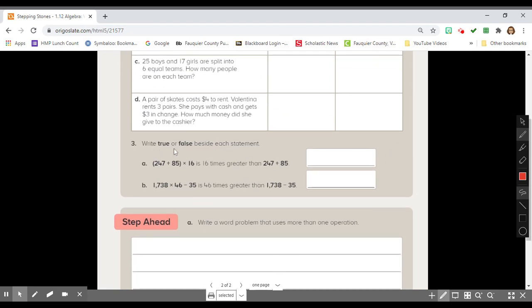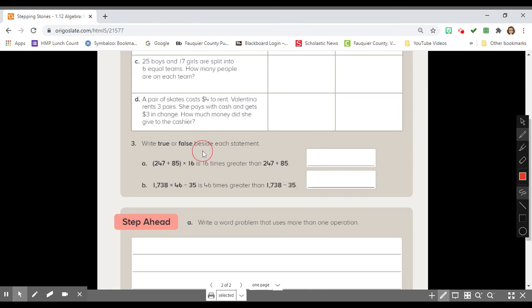Number 3, write true or false beside each statement. Okay, so A, 247 plus 85 in parentheses times 16 is 16 times greater than 247 plus 85. So what they're doing is basically saying the same thing.